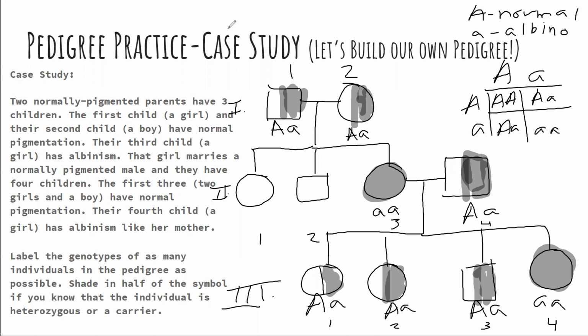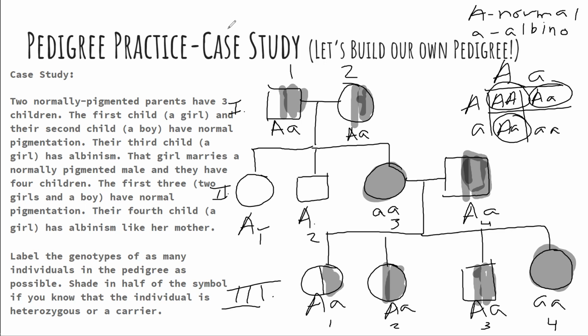So look at this. We know our siblings are not affected, so they have the possibility of either being heterozygotes or homozygous dominant, not having the trait at all. But since we don't know what allele each parent actually gave to each of these offspring, we can just say capital A and leave a blank.